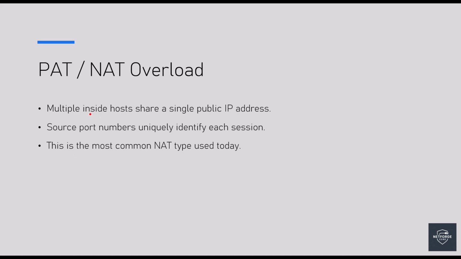When you do the configuration, it's not called PAT, it's called NAT overload. So we use port numbers in here, and that means that we have many internal IP addresses translated to one public IP address, as many as something like 50,000, right? This is the most common NAT type that is used.